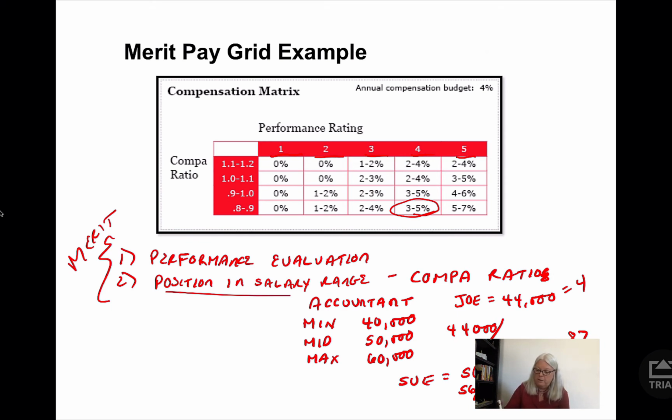So I'd go up to the chart for 4 and look for 1.12. So Sue would get between 2 and 4%. So just keep in mind, merit pay is based on their performance rating and where they fit in the salary structure. So those two things.